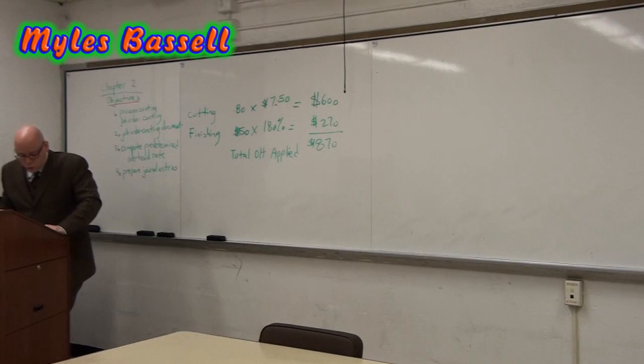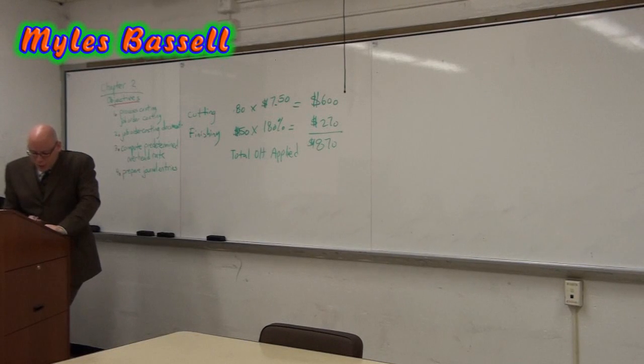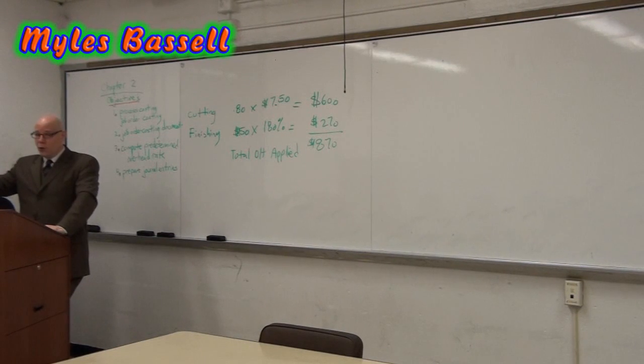So we have to credit sales $600,000, and we debit accounts receivable. Remember, this is for a job order costing system.